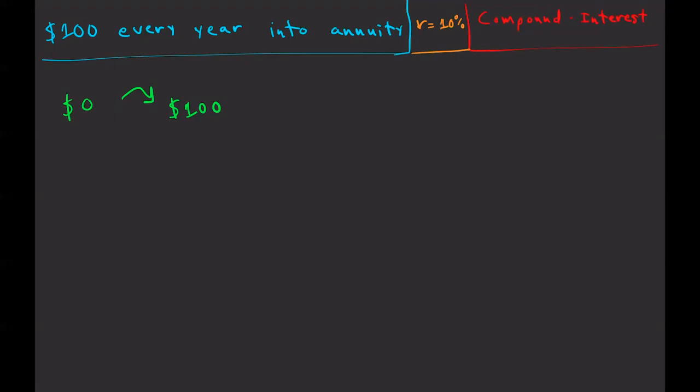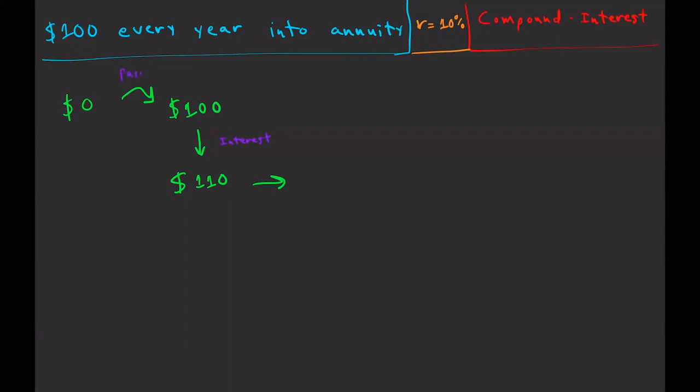Then over the course of this year, the $100 that we have, we end up adding 10% of that into the account, according to this compound interest. 10% of 100 is $10, so we'd be at $110. And then after the year is up, yes, we get our interest, which I can highlight here.